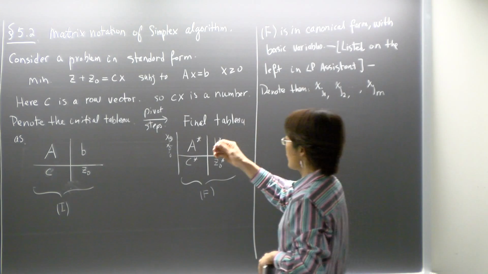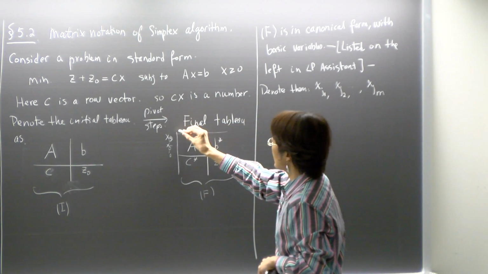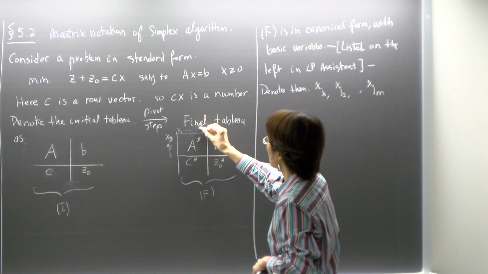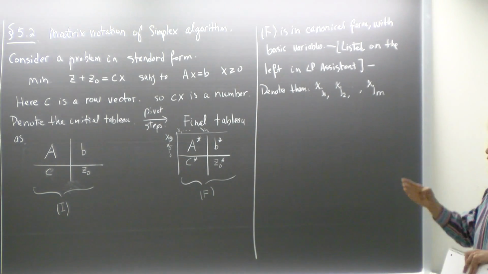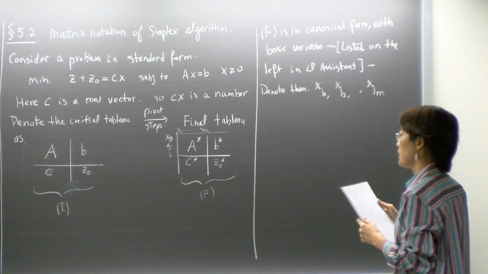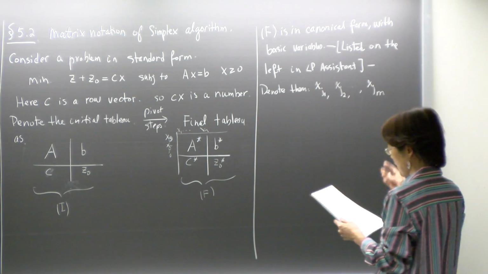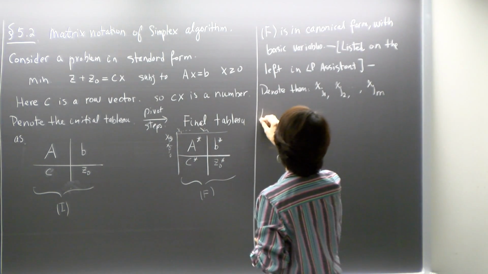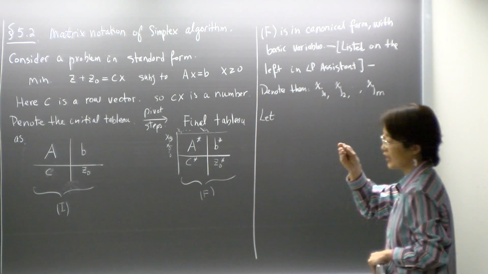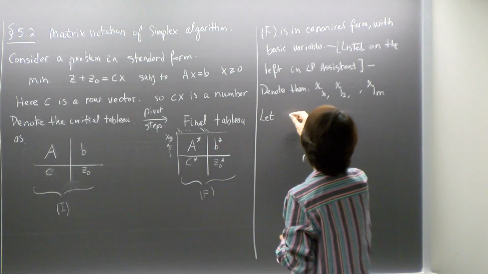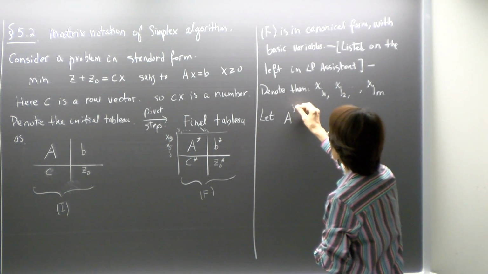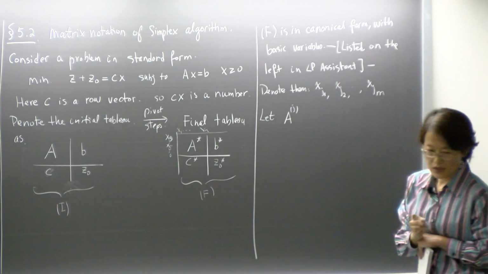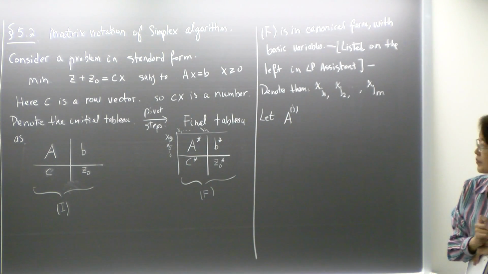Now, on the tableau here is listed x1, x2, all the way to xm. You have all these x's listed. And then I will take out the corresponding columns in the A matrix. So let's introduce this notation. I need to take out columns of A. If I have a matrix A, and then I put the index J on the top in brackets, what do I mean?